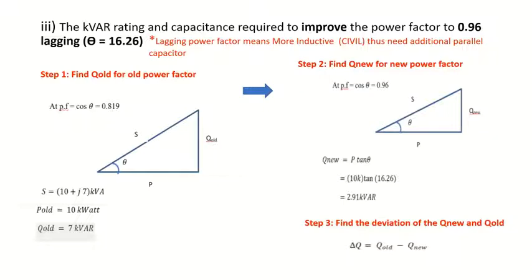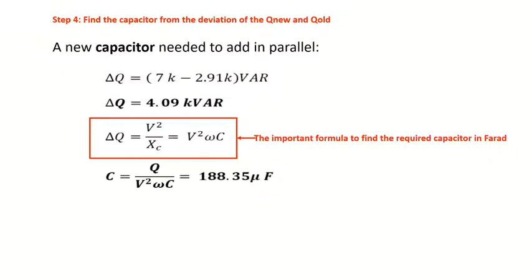The following step is to find the deviation of Q new and Q old. The deviation is Q old minus Q new. Your Q old is 7k and your Q new is 2.91, so the deviation of the Q is equivalent to 4.09 kilovar.